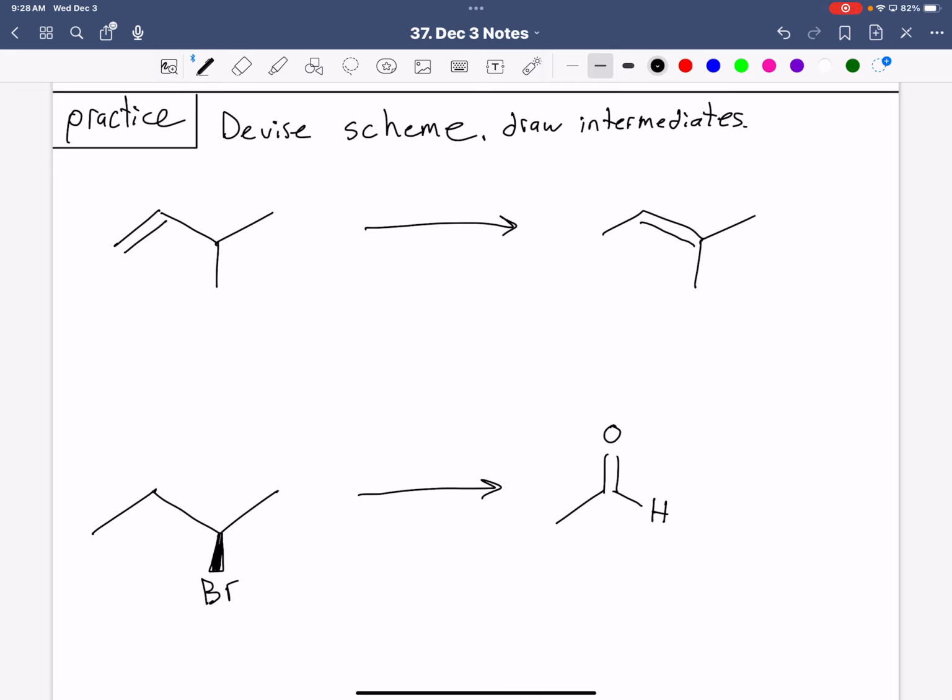But why would it just be... No, where's the left? Oh, wait. No, it would be the double bond in the middle. Yeah, yeah. This would be... Isn't it? Yeah.